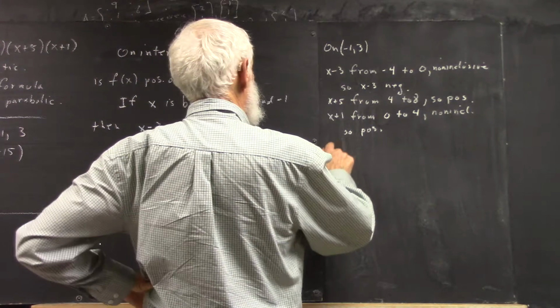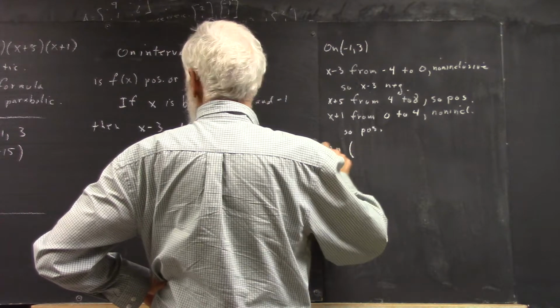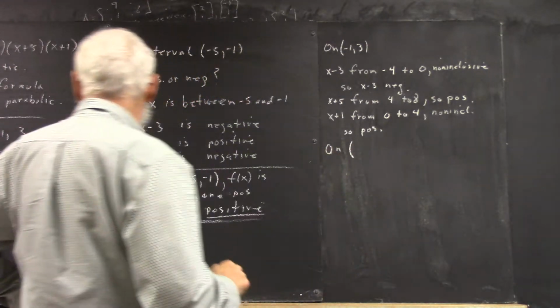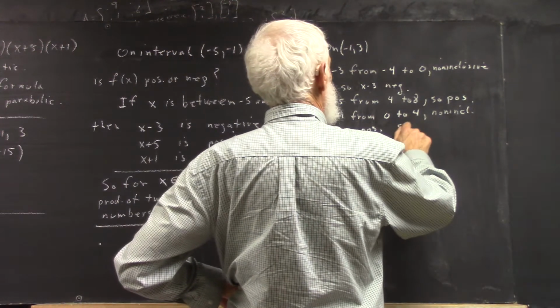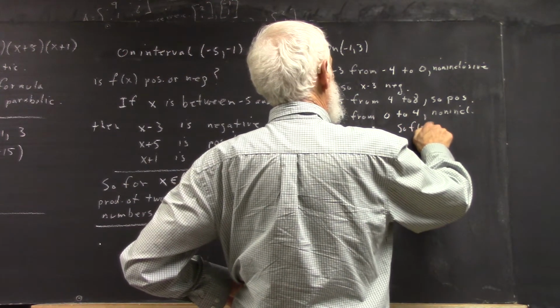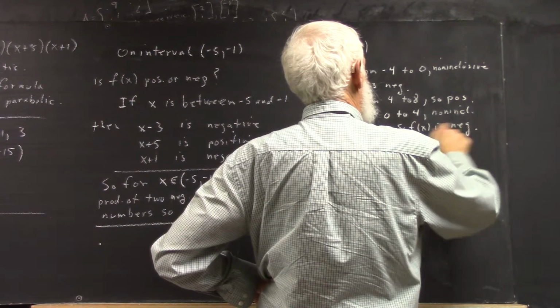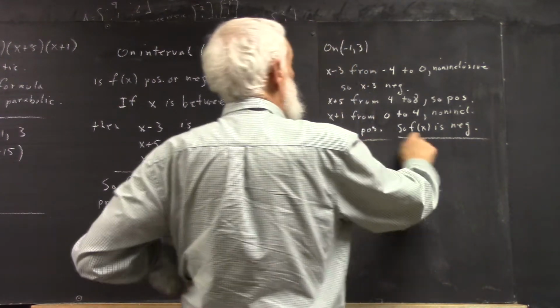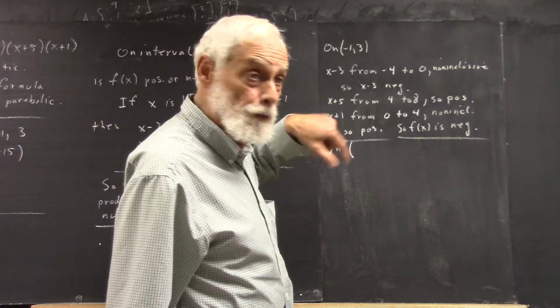And then f of x is negative because it's a product of 1 negative and 2 positives, right?